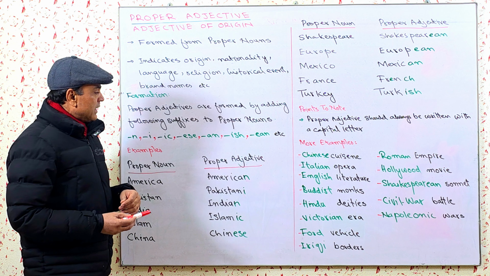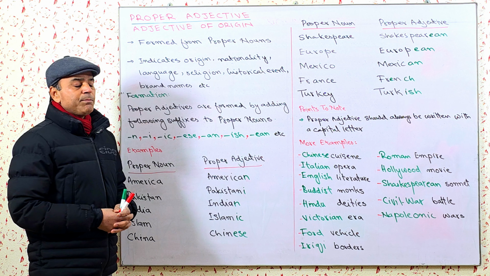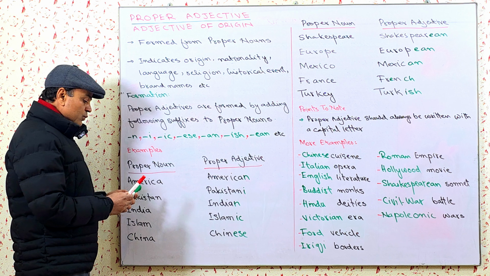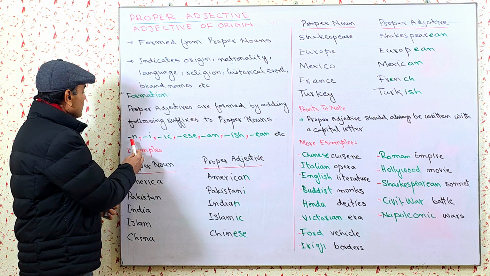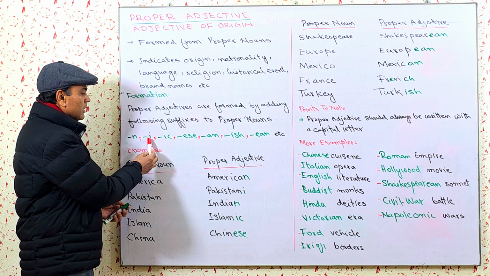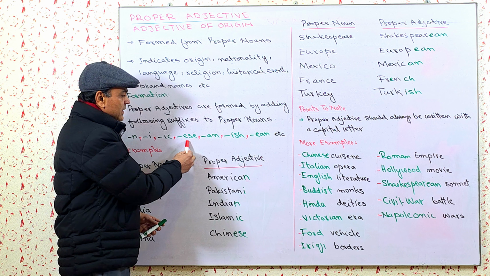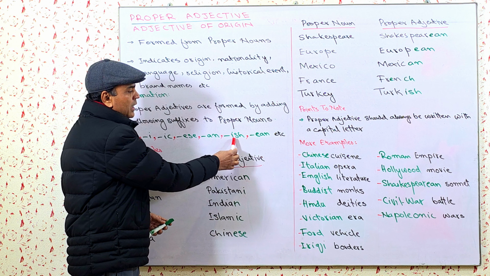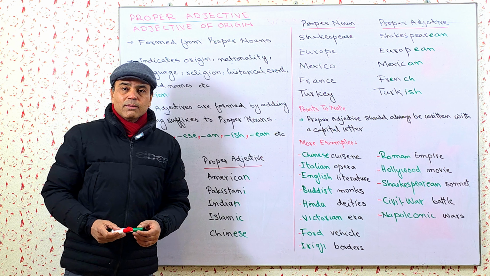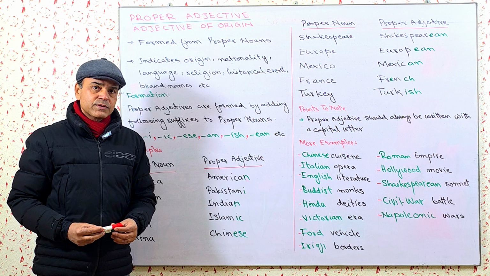For now, let us see what suffixes are used to form the proper adjective. The suffixes used first to form proper adjectives are n, i, ic, ese, an, ish, and ean. These are the most common suffixes we use to form proper adjectives.